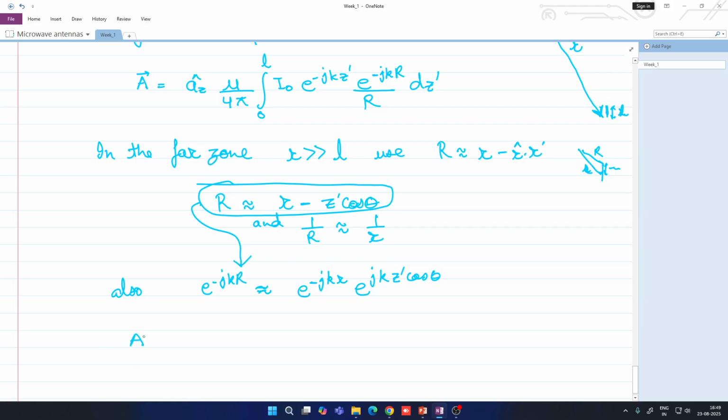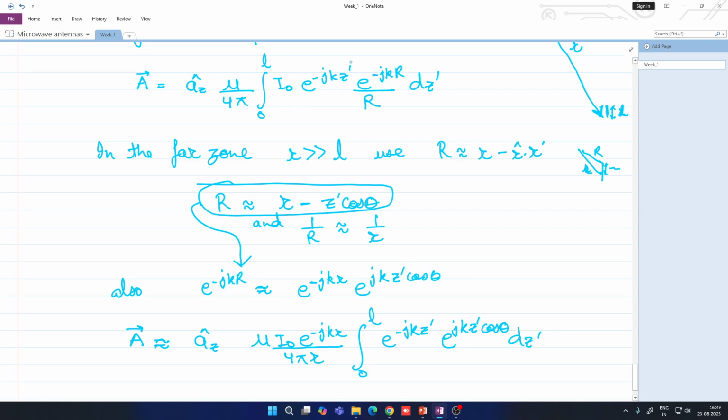So I can now write the magnetic vector potential as approximately equal to z cap mu I naught e to the power minus j k r divided by 4 pi r, times an integral between the limits 0 to L of e to the power minus j k z prime into e to the power j k z prime cos theta into dz prime.